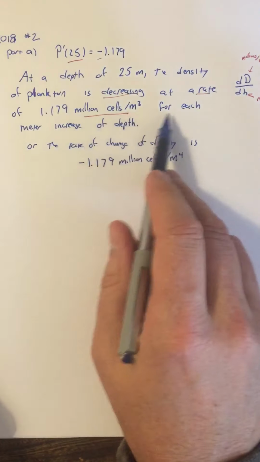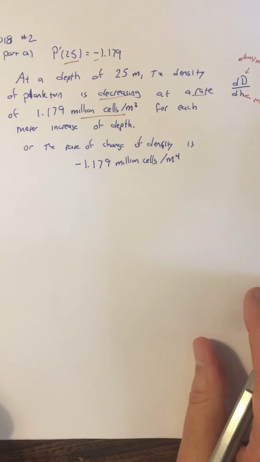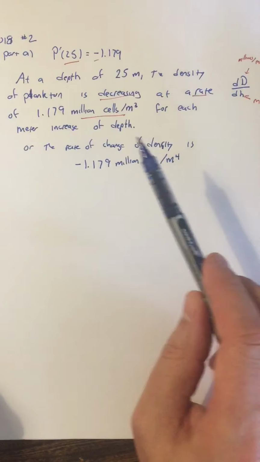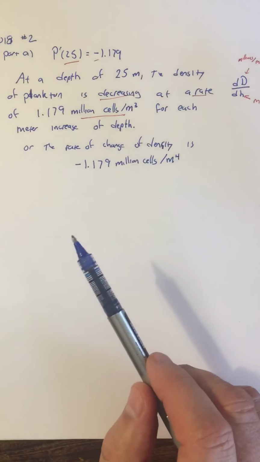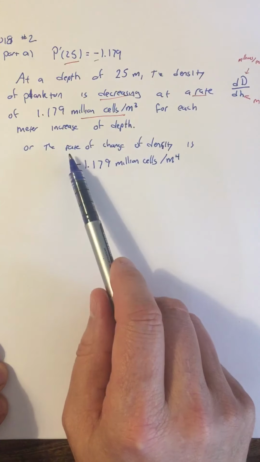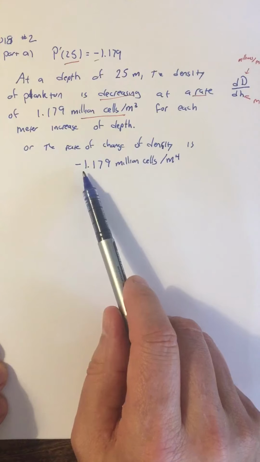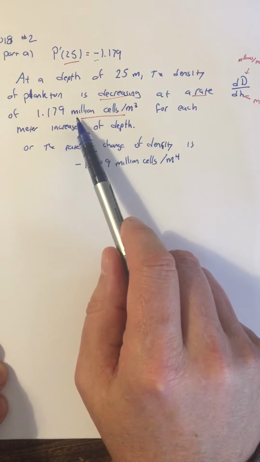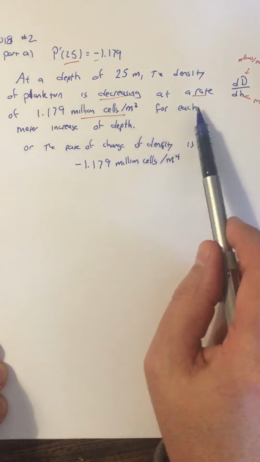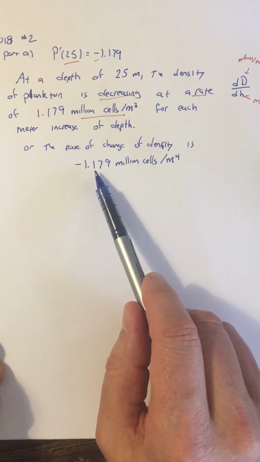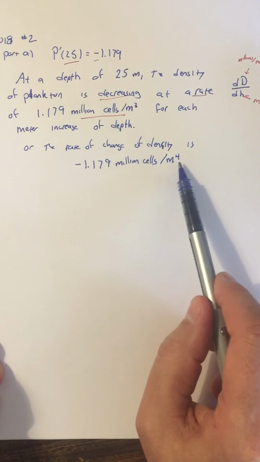I like the way this breaks it up better, but either way, you're explaining what it means. This negative 1.179 means that at that particular depth, 25, the density is decreasing, or the rate of change of density is negative. We can say it's decreasing at a rate of 1.179 million cells per cubic meter per meter, or negative 1.179 million cells per meter to the fourth.